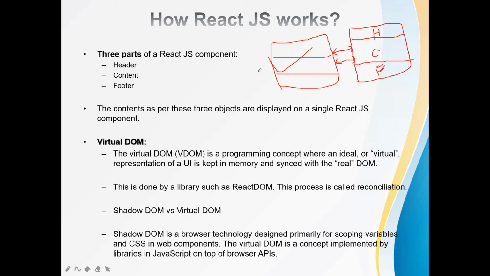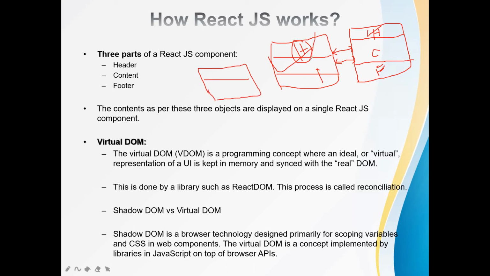What happens next is that as soon as you change anything, suppose you change something in the header, the change will not be placed in the original copy, which is showing the UI component. Rather, a new virtual DOM object will be created.